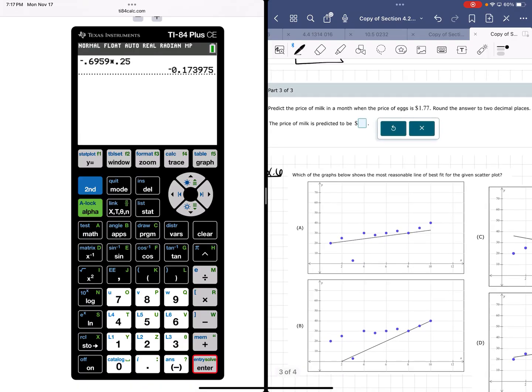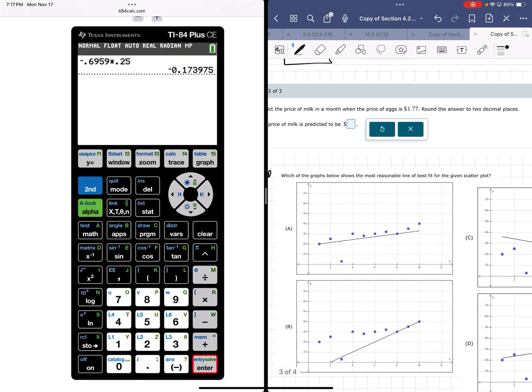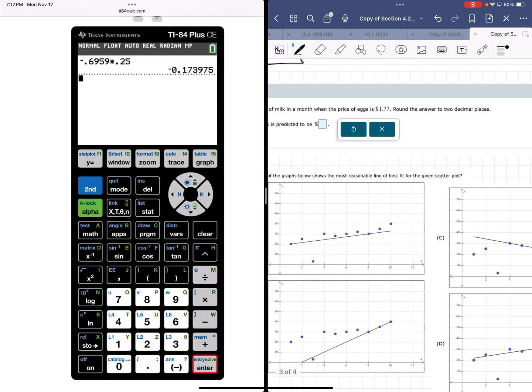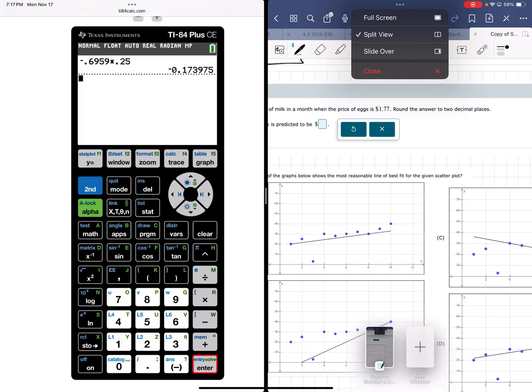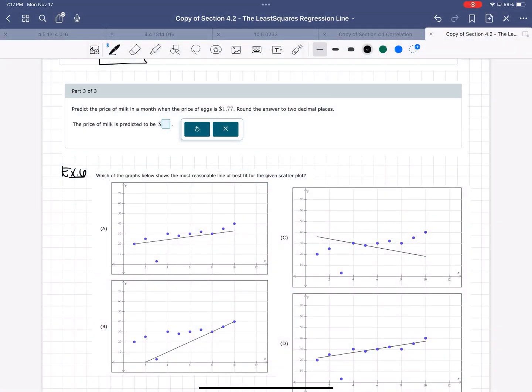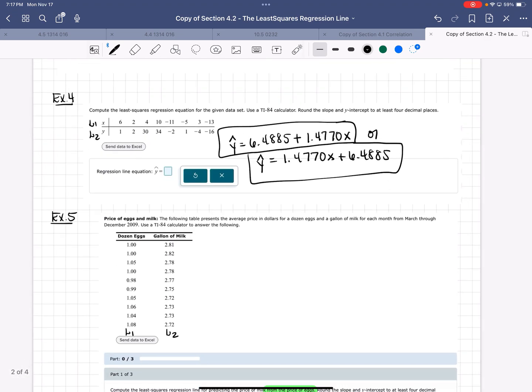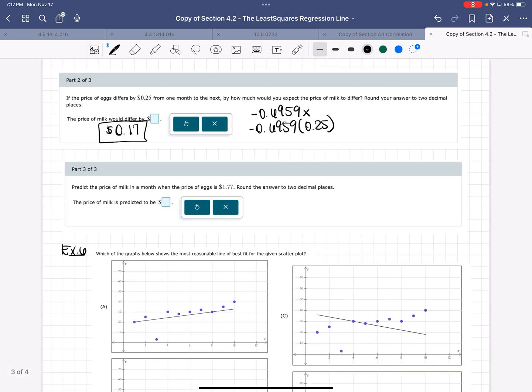3 says, predict the price of milk in a month when the price of eggs is $1.77. Actually, they should have asked this first. It's nicer. So I'm going to take my whole formula because I want the price of milk, and eggs was X, right? Eggs was my X part, yeah. So I'm going to take my formula.